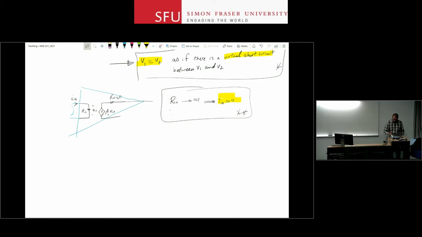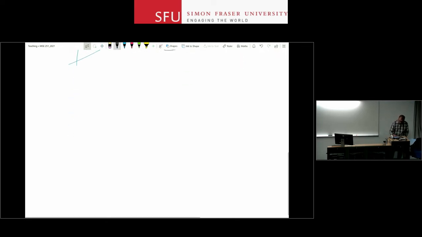So let's go and look at one application. I'm going to talk about a circuit that we call the inverting amplifier. So this is the configuration.